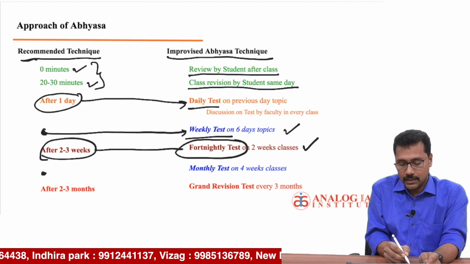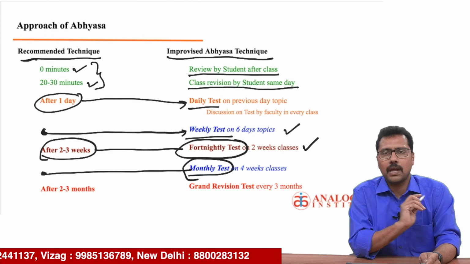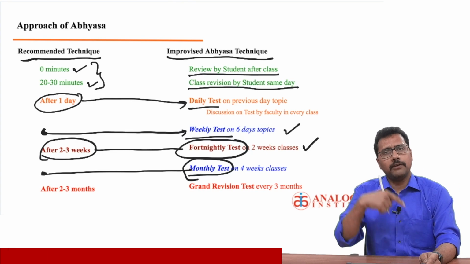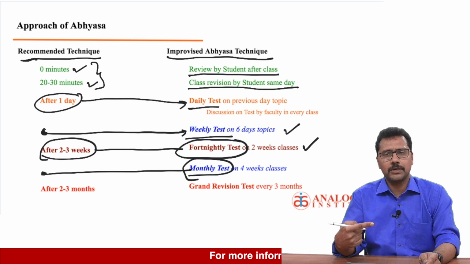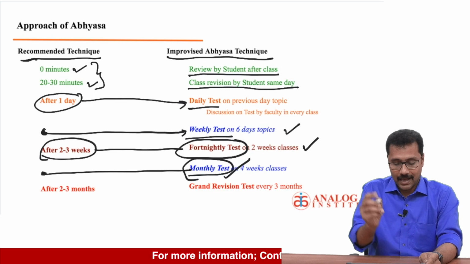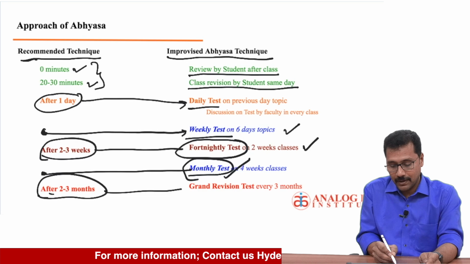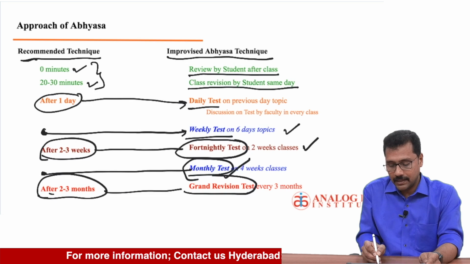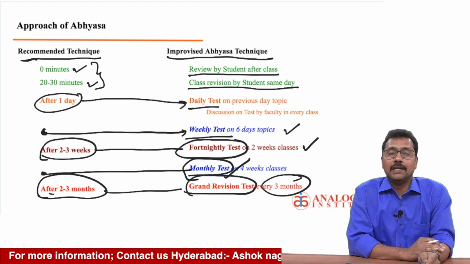What we can also do is have one more test, which is a monthly test. So whatever you read in the last 4 weeks, you revise that information again and then go for a monthly test. And the last one is, in 2 to 3 months you have to revise once more. Therefore, we'll have a grand test, a revision test of 3 months of information or learnings.